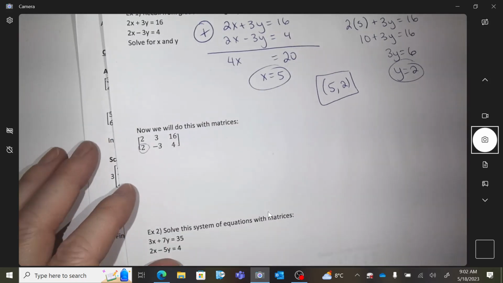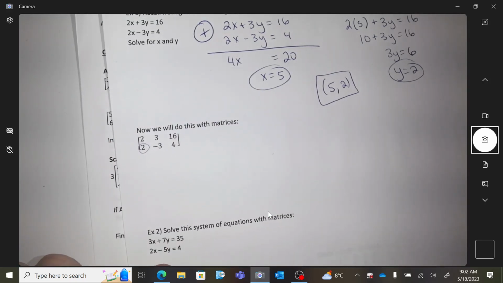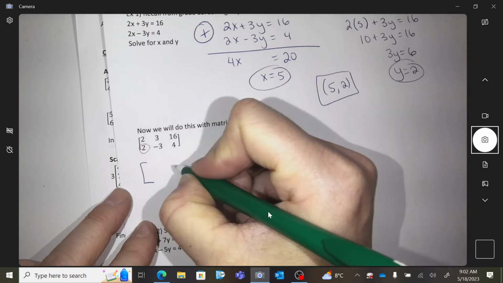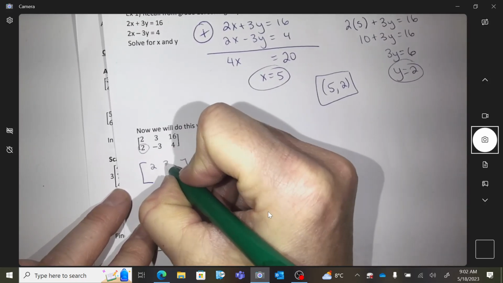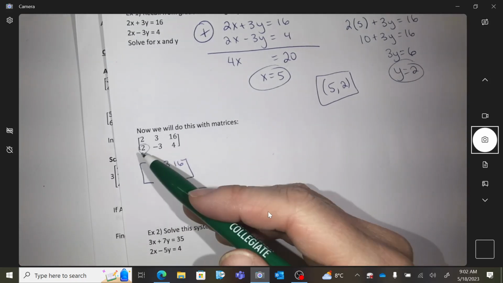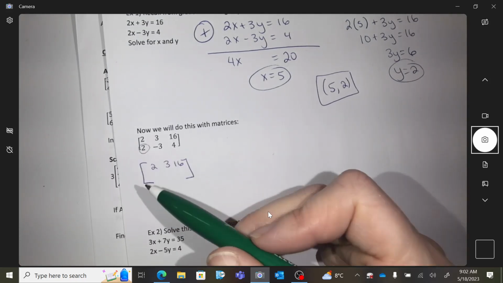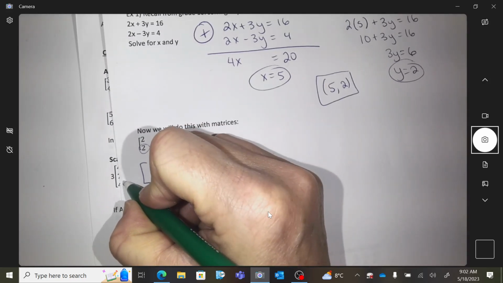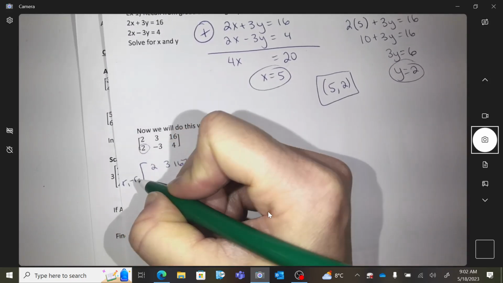Okay, so what I'm going to do is I'm going to try to get rid of that. So I'm going to leave the top line. And then to get rid of that, I'm going to write row 1 minus row 2.